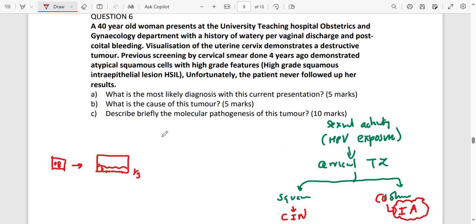According to the WHO, you are going to have cervical intraepithelial neoplasm 1, cervical intraepithelial neoplasm 2, cervical intraepithelial neoplasm 3, and then you are going to go to what is known as carcinoma in situ.